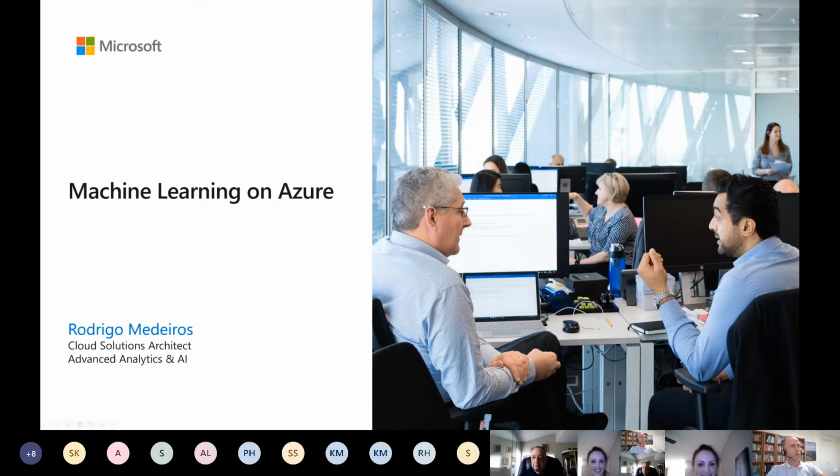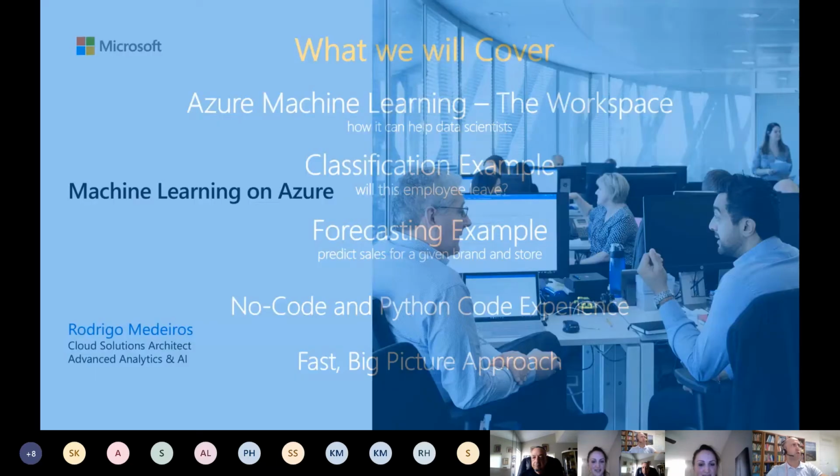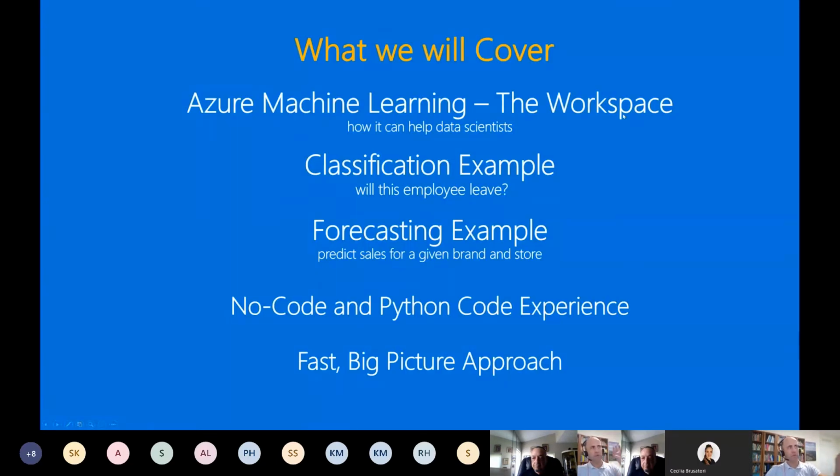But this is what I intend to cover today, right? So, yeah, we'll talk about the workspace, and I'm going to give a bit of context about Azure Machine Learning in general and why I'm focusing on the workspace. And we're going to give two examples, right? One that is a classification one with the IBM attrition data set.